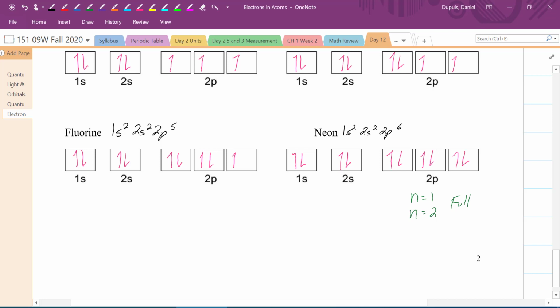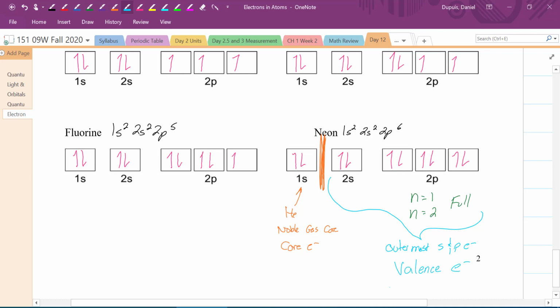If you look at neon, right there, if I draw a line right there, this is helium. So, this would be our noble gas core. So it's our core electrons. These guys right here, the outermost s and p electrons, we're going to call the valence electrons.